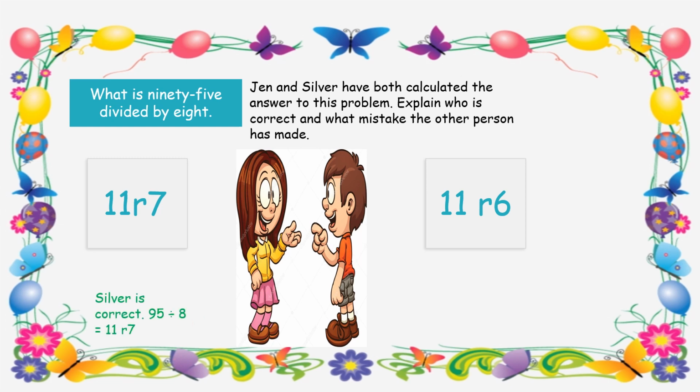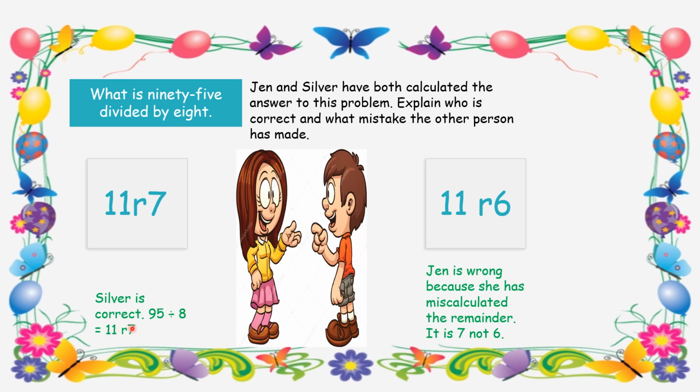Welcome back. Did you get it correctly? Now, we are told that Silva is correct because 95 divided by 8 is 11 remainder 7. Because I know that 8 into 9 is 1, I can divide 9 equally just one time.